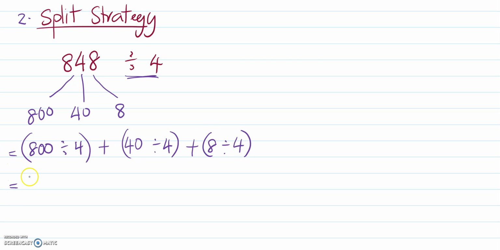So if we do that individually, 800 divided by 4, remember, if we have numbers with zeros, all we need to do is take the digit that is given, the numeral which is not the 0, 8. What is 8 divided by 4? 2. And you bring down the 2 zeros, so 200, plus 40 divided by 4 is 10, plus 8 divided by 4 is 2. So if you add them all together, 200 plus 10 plus 2 gives us 212. So 848 divided by 4 is 212.